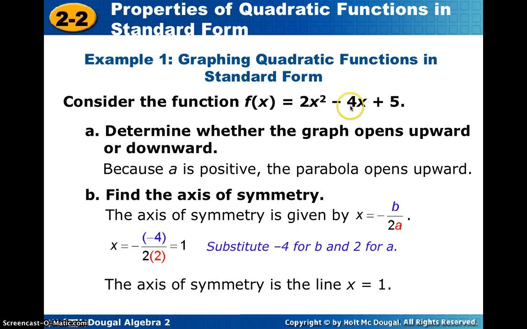The coefficient of the middle term here is negative 4, so negative 4 is going to be b, and 5 will be c. So when we plug in, we're going to have negative 4 over 2 times 2, which gives us positive 1. So that means that the axis of symmetry is at the line x equals 1.